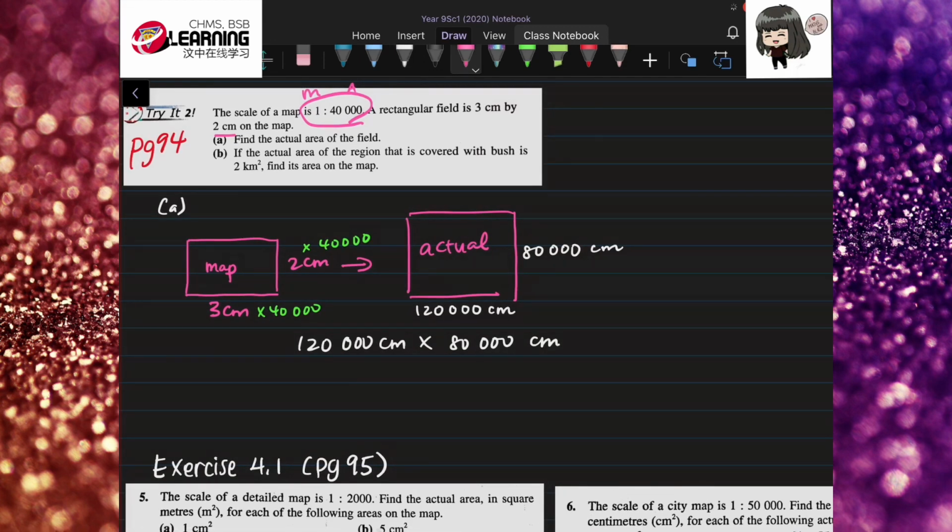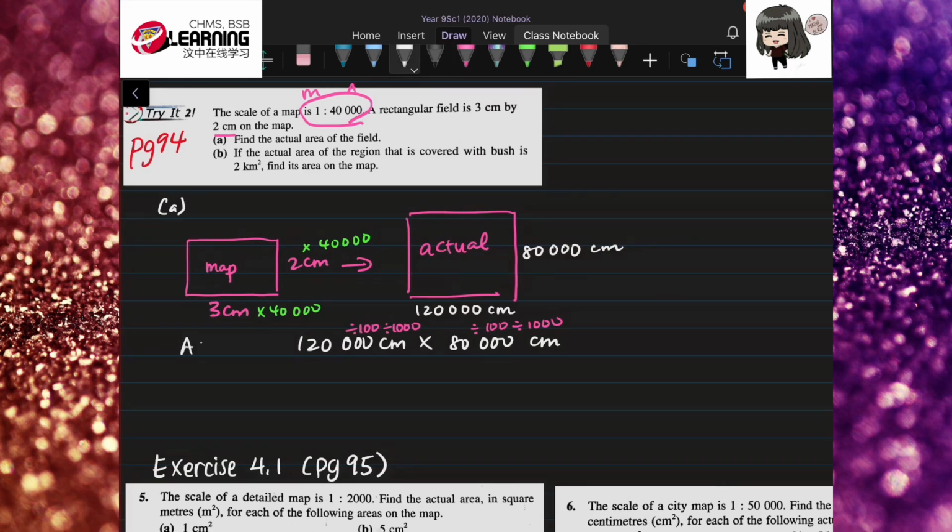How do you change it to kilometer? You divide it by 100 to make it meter, divided by 1000 again to make it kilometer. Same goes to the 80,000. You divide it by 100 first and then divide it by 1000.